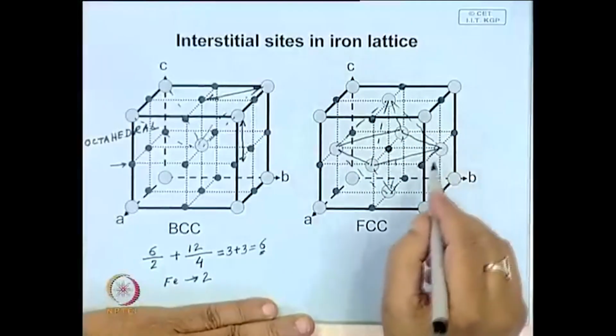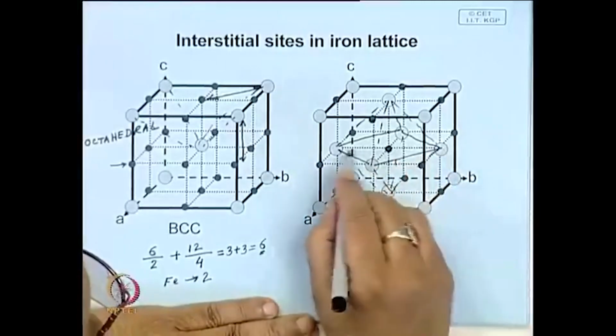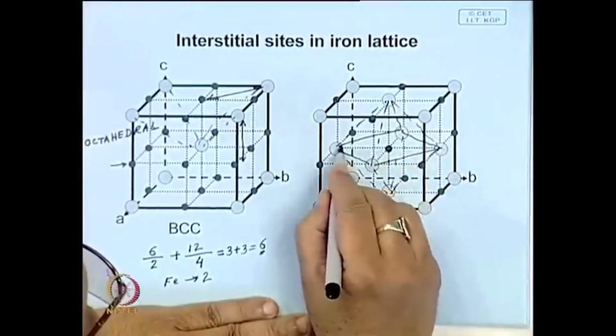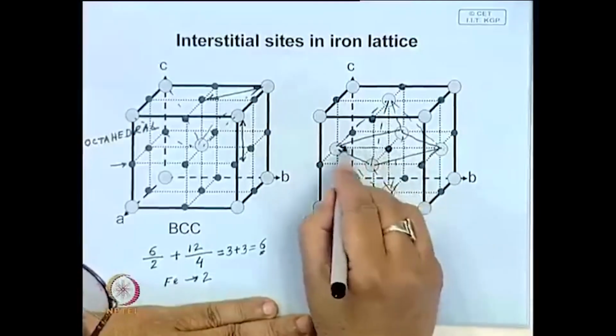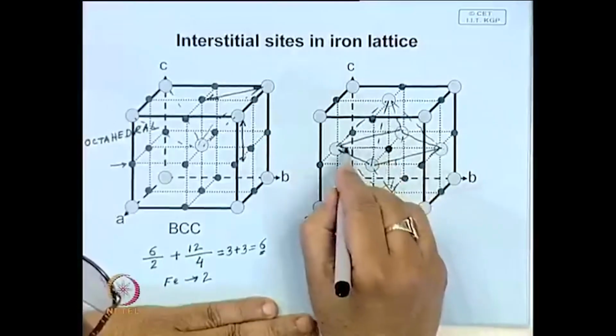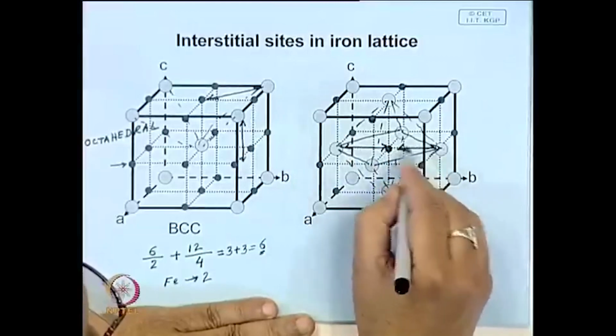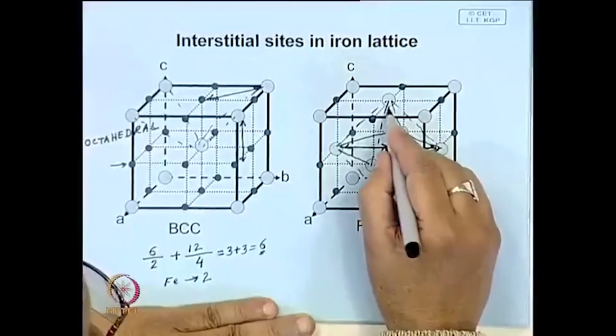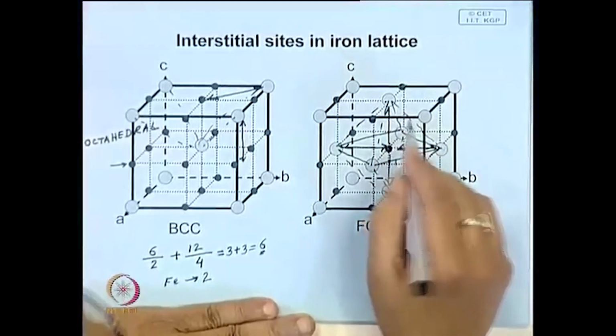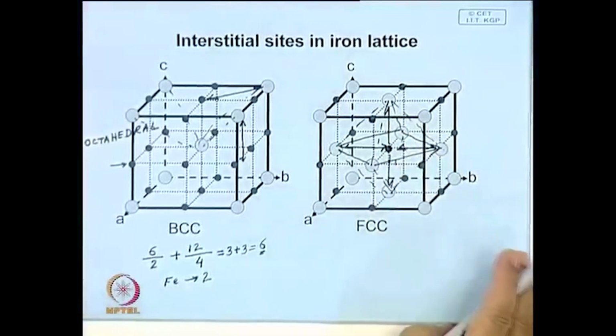But the difference here is that this octahedron is regular; the dimension in this direction and the interstitial gap in this direction are identical.